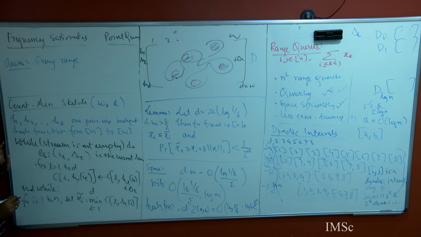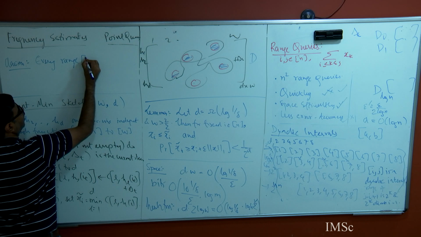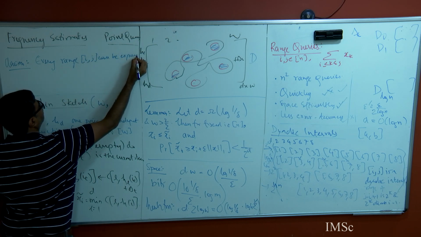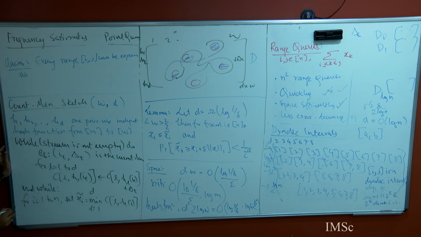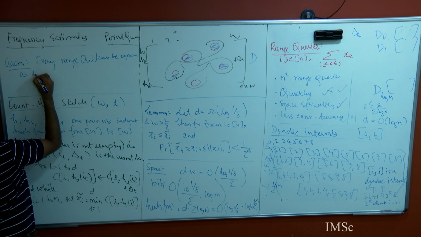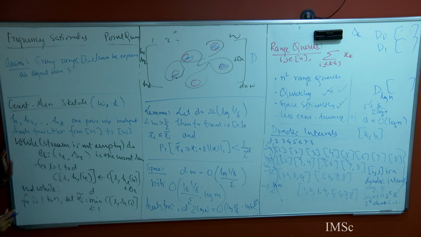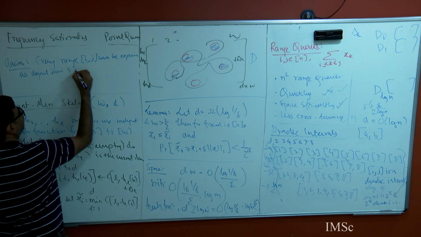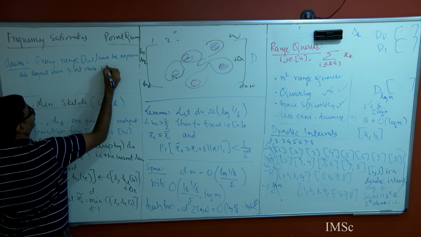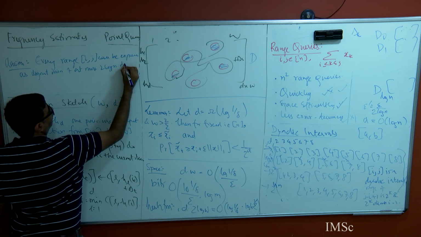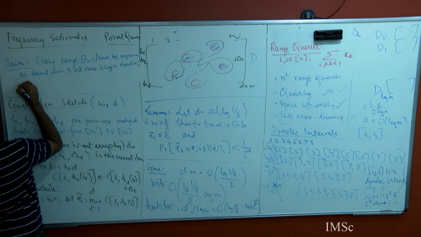Every range ij can be expressed as a disjoint union of at most 2 log n dyadic intervals.